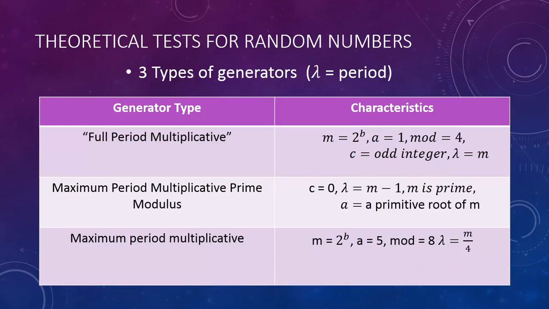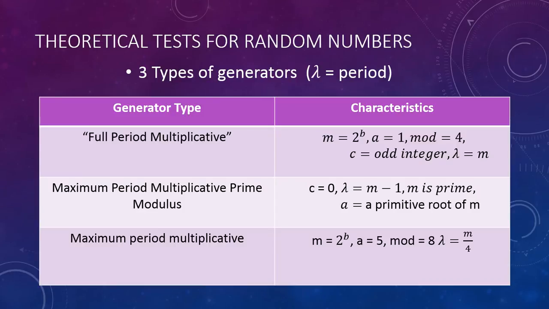The last section in chapter 2 is the theoretical test for random numbers. There are 3 types of generator, where lambda is equal to the period. The first generator type is the full period mixed generator, where m is equal to 2 to the power b, a minus 1 is a multiple of 4, c is an odd integer, and lambda is equal to m.